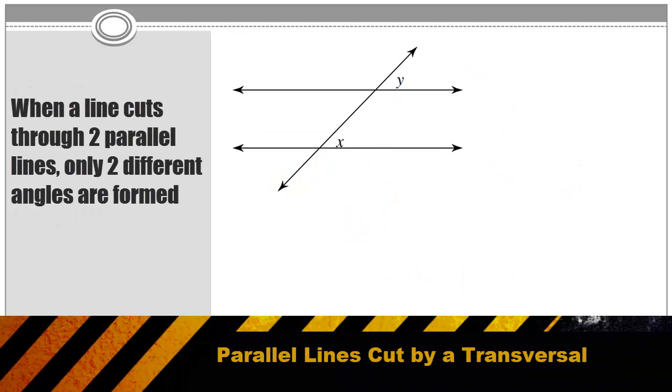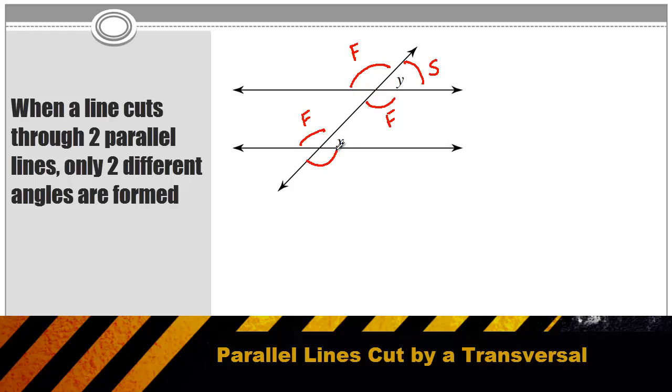When two parallel lines are intersected by a third line called a transversal, there are only going to be two different angle measures created. For simplicity, we can label these angles as skinny and fat. If we look at this picture here, we can see visually all of the fat angles look to be about the same.